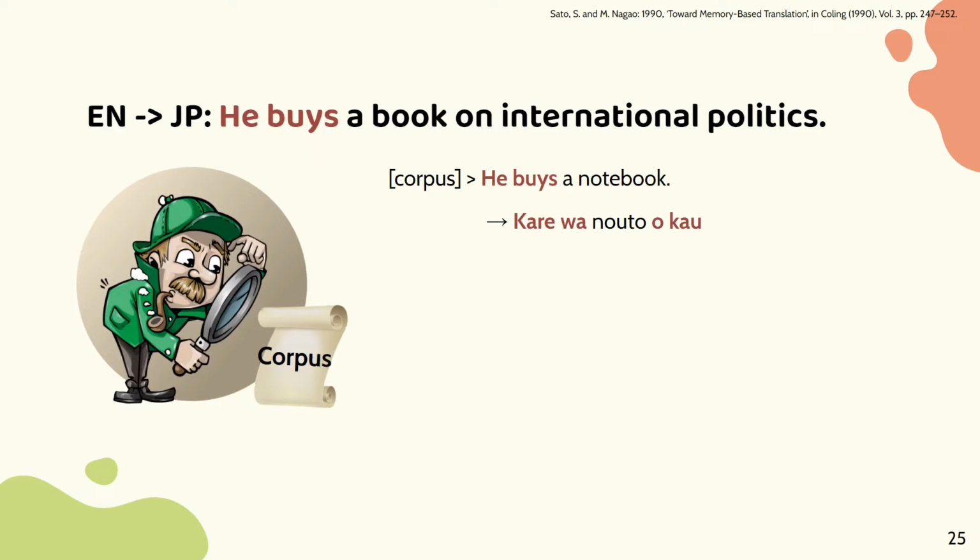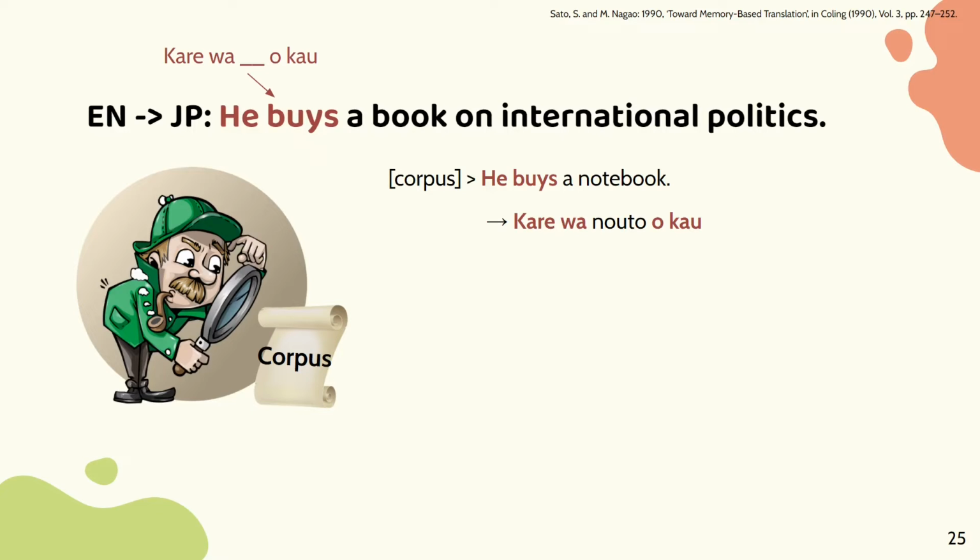So now we know that this first part of the sentence can be translated into this part, "Kare wa ... o kau." But we still don't know about this "a book on international politics" part, right?